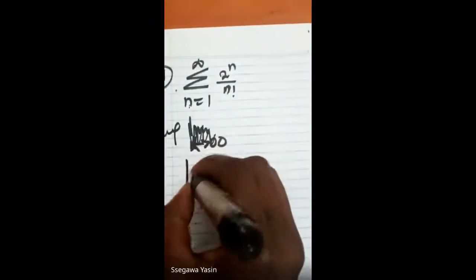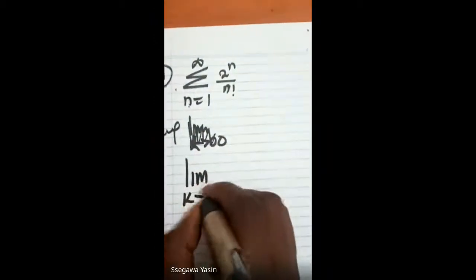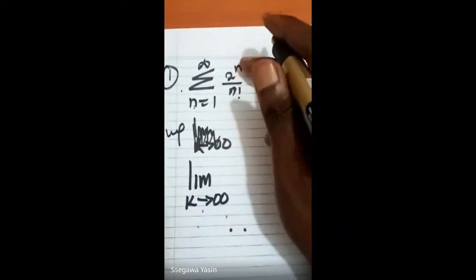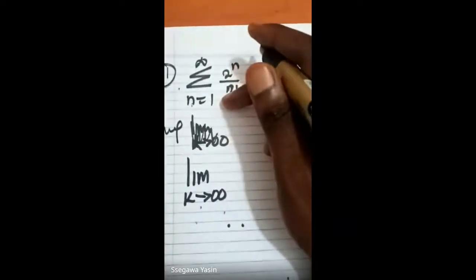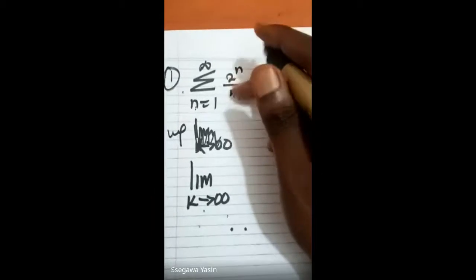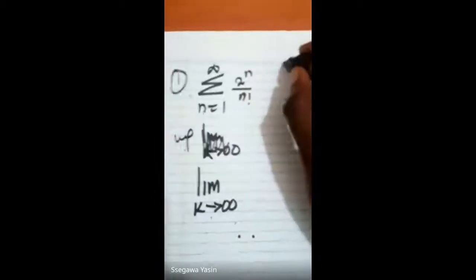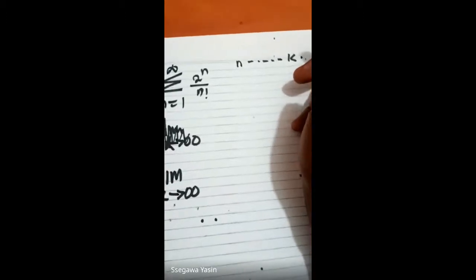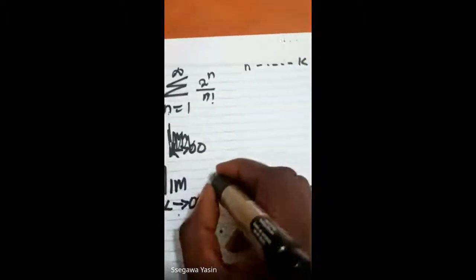Actually, it is the best. You change the variable from n to k, and when you are given k, you change it from k to n. Why? Because we assume that you have moved from n, but you have gone up to a certain value called k. That is the thing I wanted you to know.